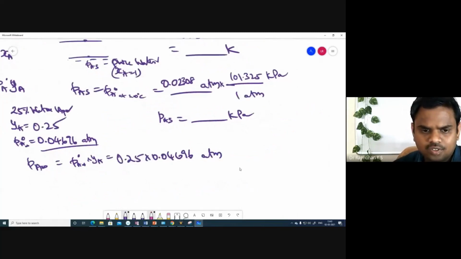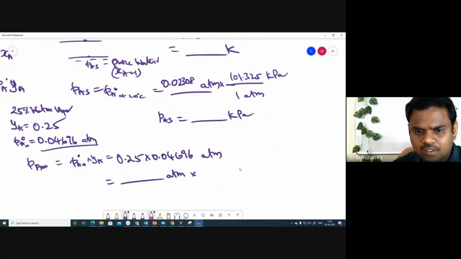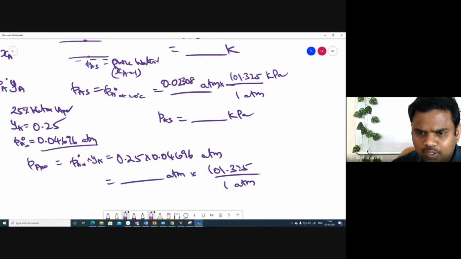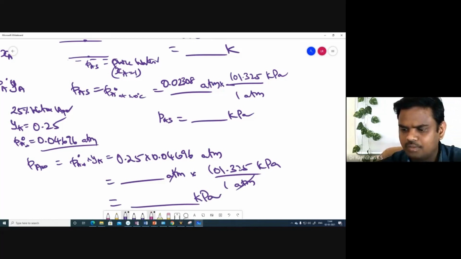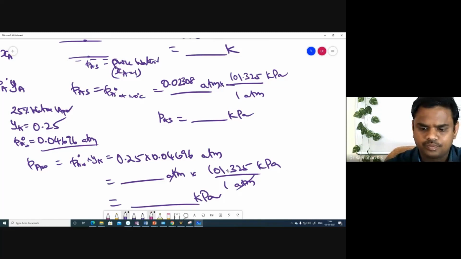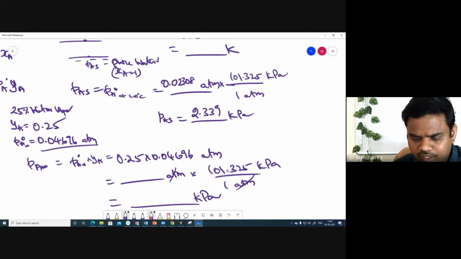Once you get the value in atmosphere, we can convert that also to kilopascal, 101.325 kilopascal. So what is the value? Please get it. You will get PAS equal to 2.339 and PA infinity equal to 1.190.